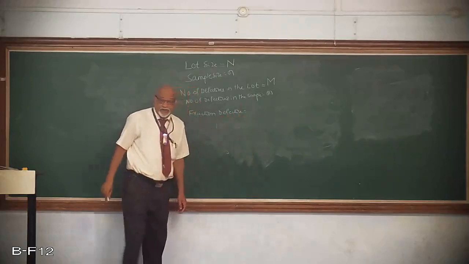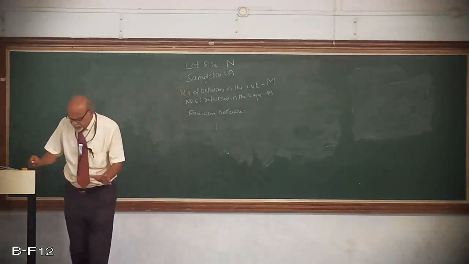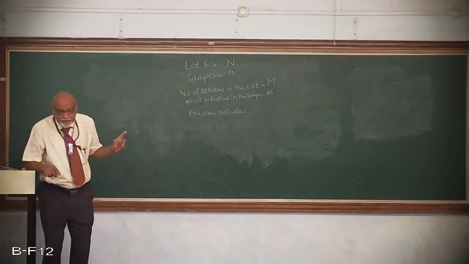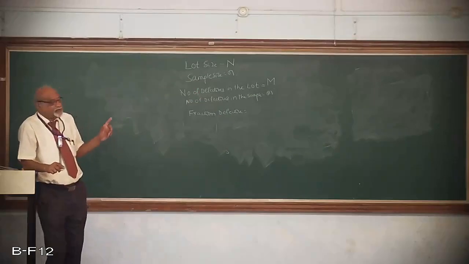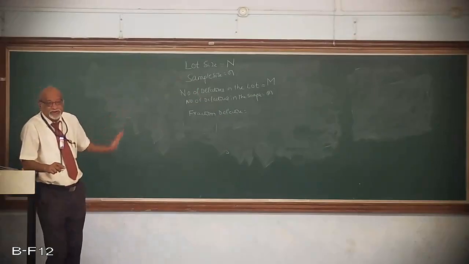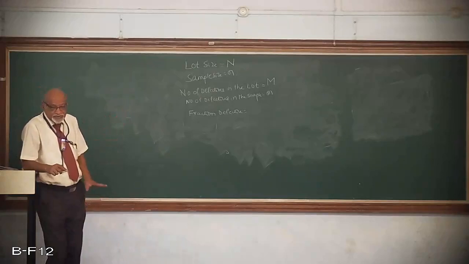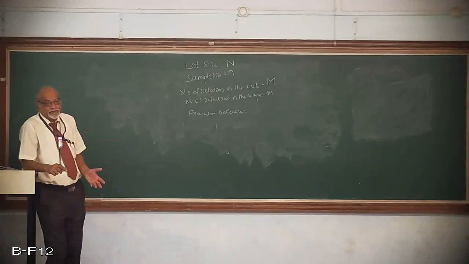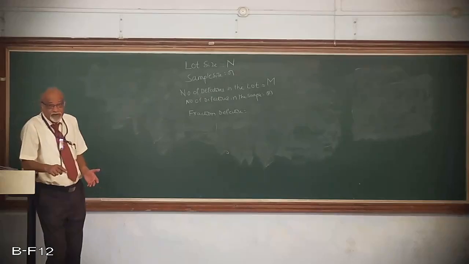Fraction defective, there are two things here. Try to understand, because this is very important. If you get all your doubts clarified in these notations, there is nothing much in this acceptance sampling. That is why I want to make you fully aware of this terminology.